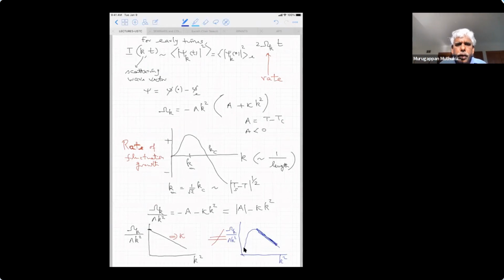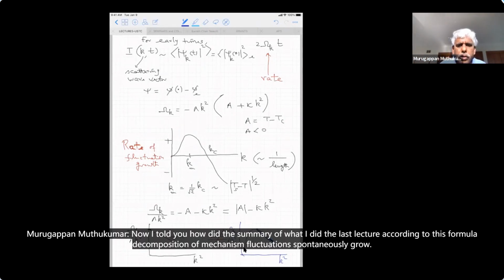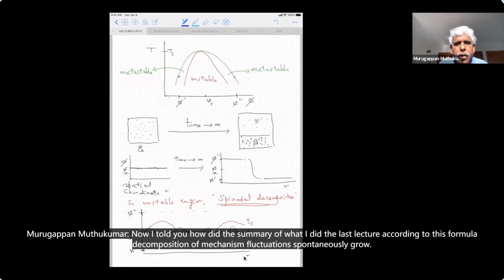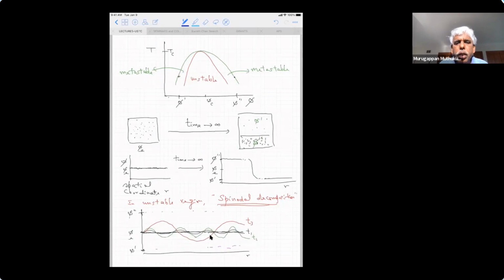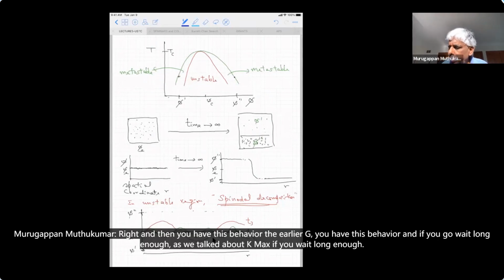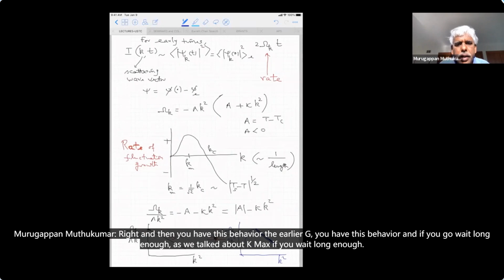Now, this is a summary of what I did in the last lecture. According to the spinodal decomposition mechanism, fluctuations spontaneously grow. You have this behavior in the early regime.